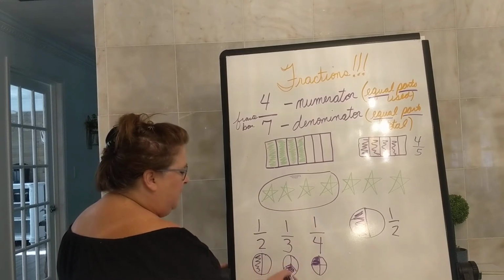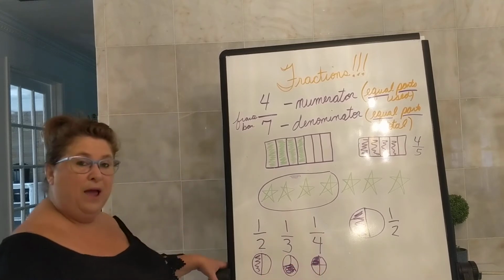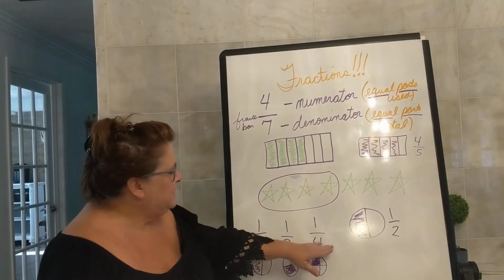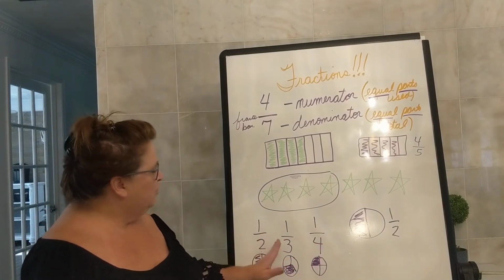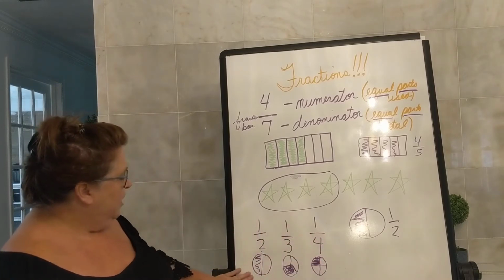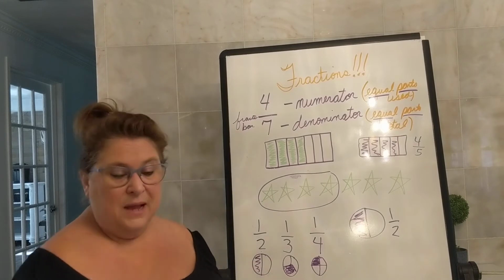Then we had 3 pieces. A piece got a little bit smaller, and by the time it's cut into 4ths, our piece got way, way smaller. So as the number of pieces increases, as your bottom number gets larger, the size of your piece will be smaller. Okay? Does that make sense?